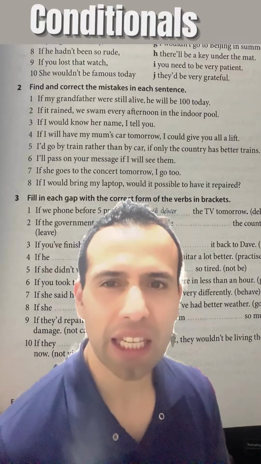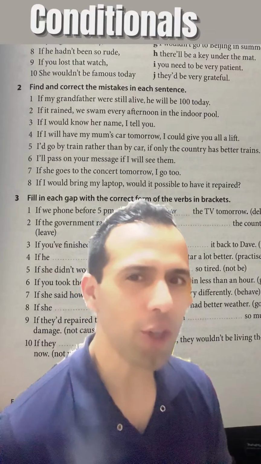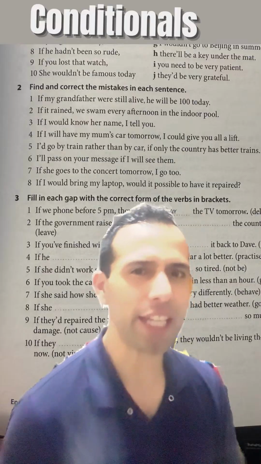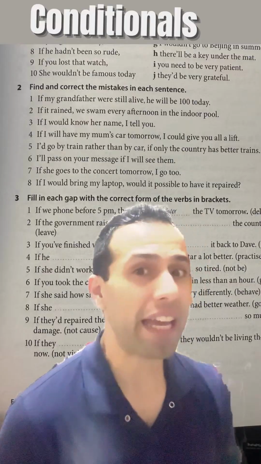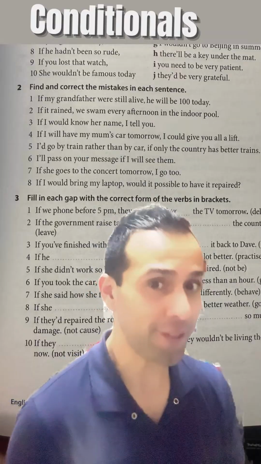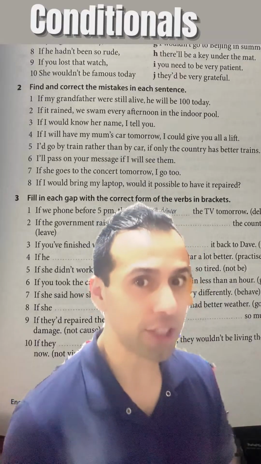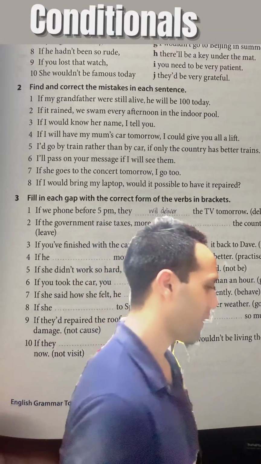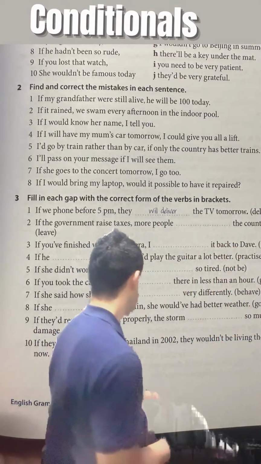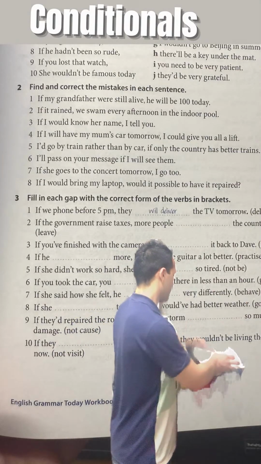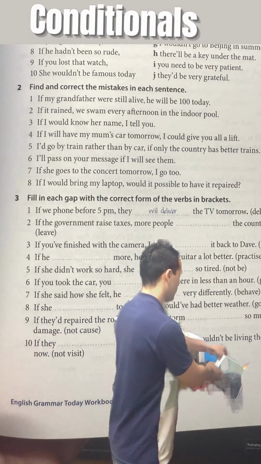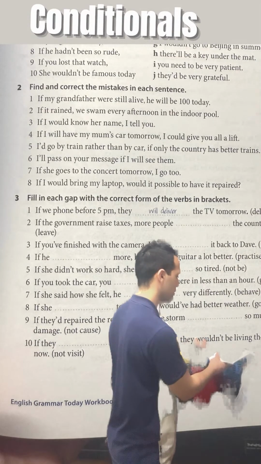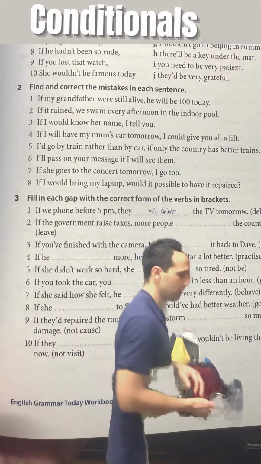If I had, talking about something hypothetical, I could give you all a lift, or if I have my mum's car tomorrow, as I told you before, in the first conditional. So both make sense. The first conditional and the second conditional make sense there.